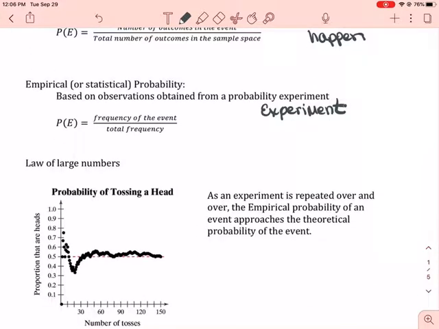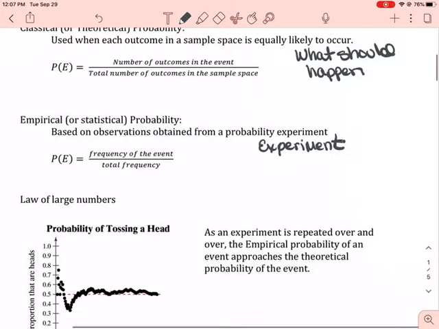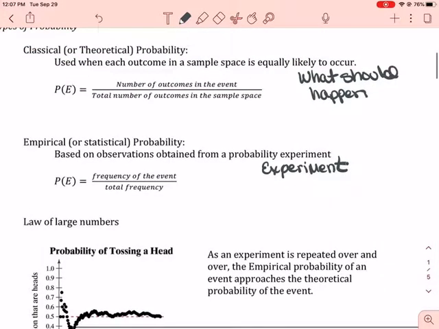Okay? Now there's also the law of large numbers. And this is what eventually happens: if you do an experiment over and over and over again, the empirical probability, which is this guy, will eventually be the same as your classical or theoretical probability. So if you toss a coin 10 times, in theory, you should get 5 heads and 5 tails. But in real life, that's not what happens.